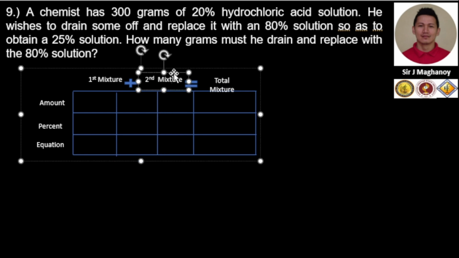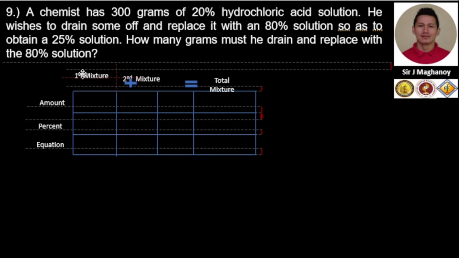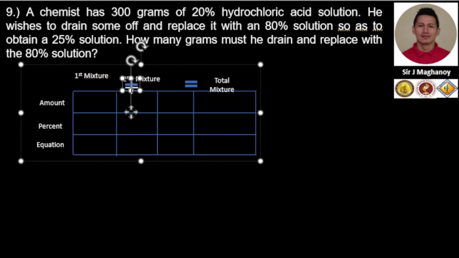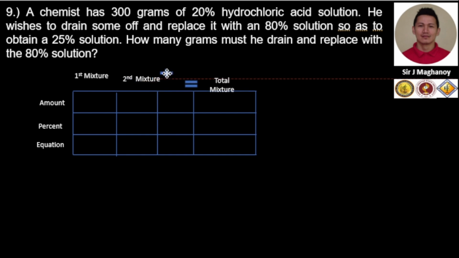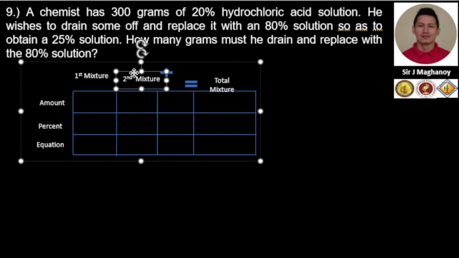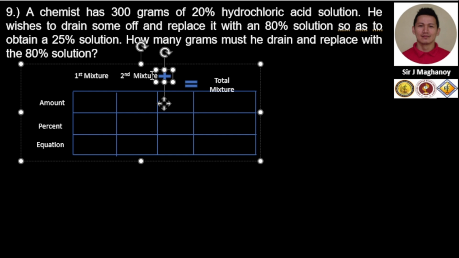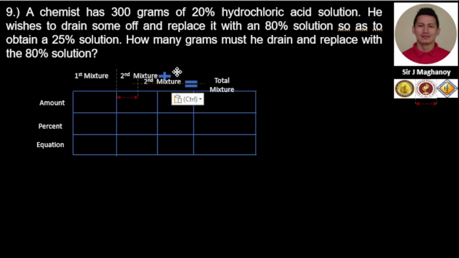So we have the first mixture, the original amount. Then we drain it off with the second mixture, and we add the same mixture but at a different percentage. So that is our third mixture.